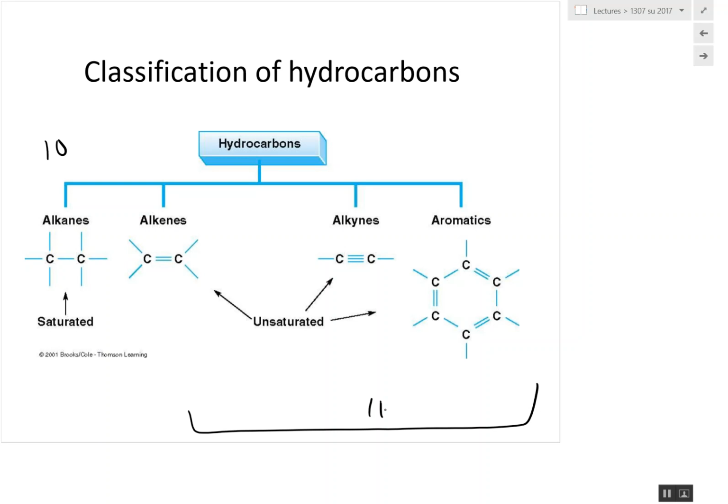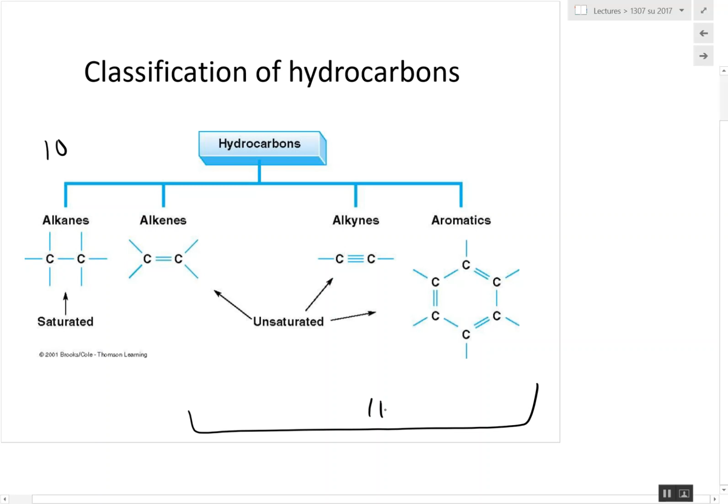And you're going to see how much variety you can get with just two elements. Chapter 10, saturated hydrocarbons. There's your definition of alkanes. What are alkanes? Saturated hydrocarbons. You like short definitions? That's a short definition. Two words.